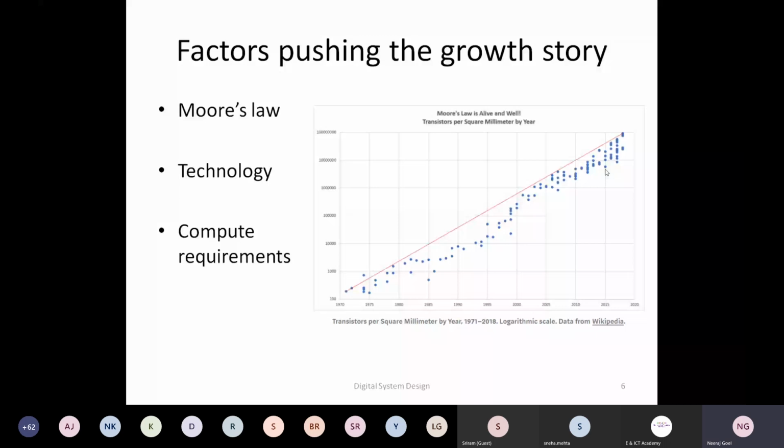Because of that, compute requirement will also increase. This increases, first, because our applications have become more and more complex. Second, because of economics and marketing, people are pushing for more complex systems and more complex applications.